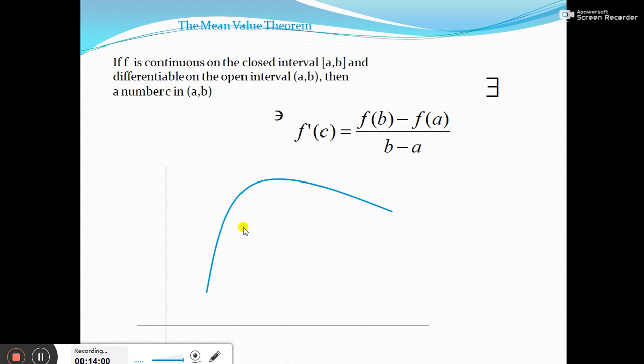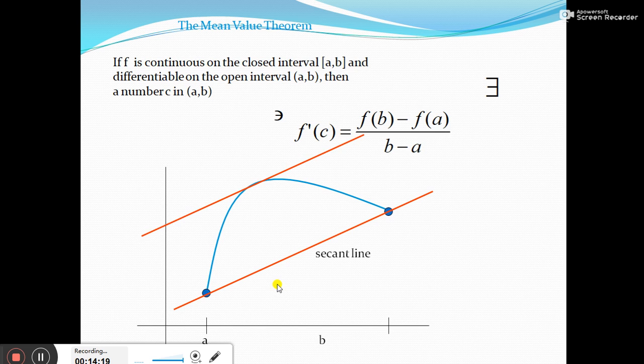This is the curve y is equal to f(x), and now the two endpoints A and B. This is the secant line, and now this is the tangent line, and this tangent line is parallel to the secant line.